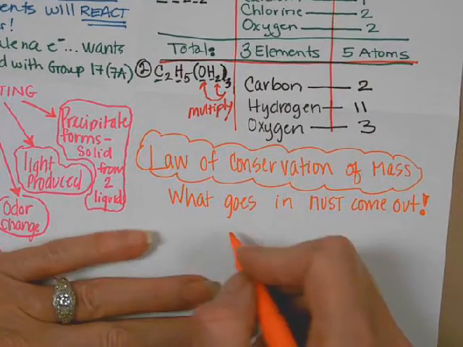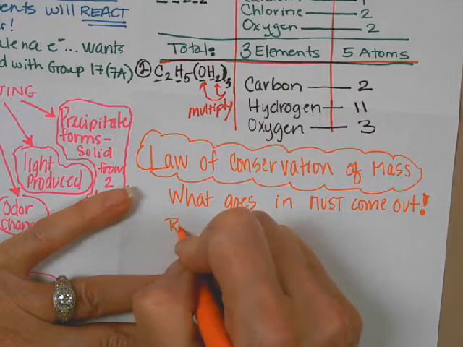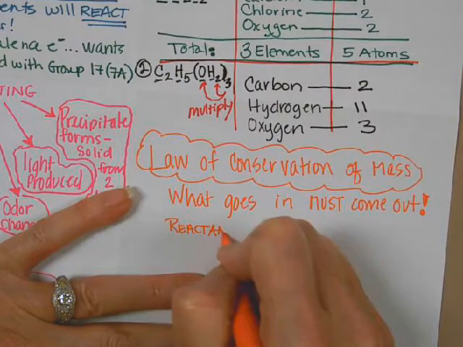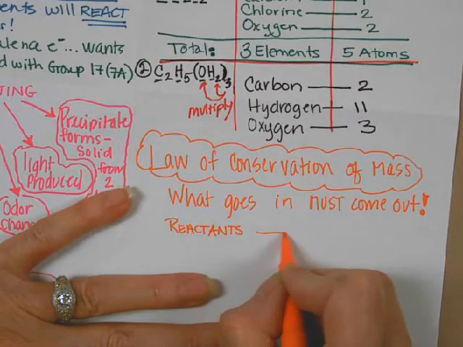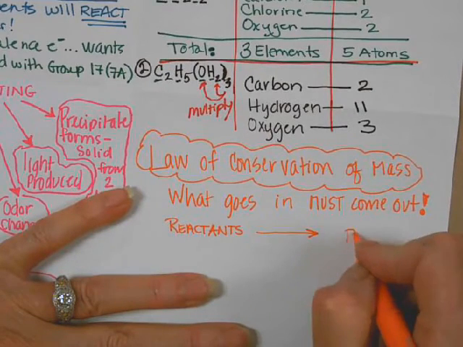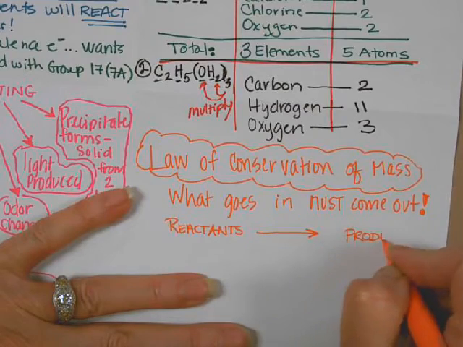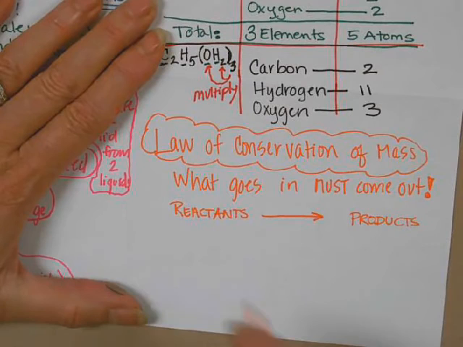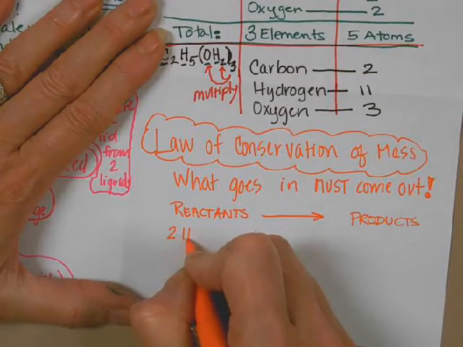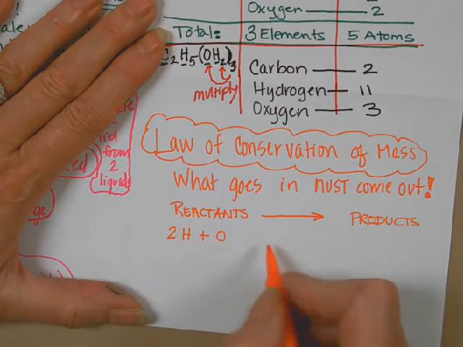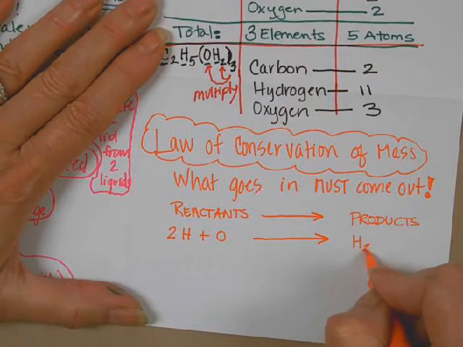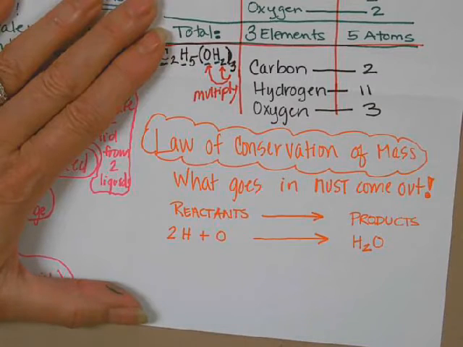And remember, another way was we said the reactants. Those are the things that we mix together. The reactants, or the ones that reacted. Arrow, products. You can remember this by RAP. Remember that? So let's say if you have 2 hydrogen plus oxygen, and it's going to make a product, and we call this product H2O. So what goes out? We had 2 hydrogen here, we've got them here.